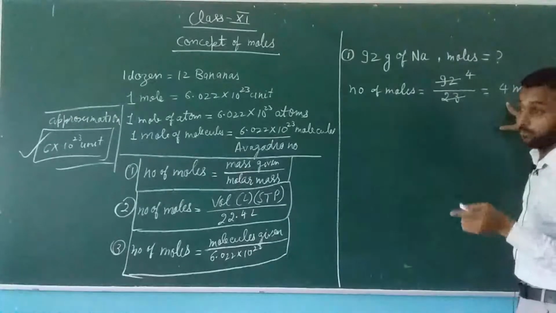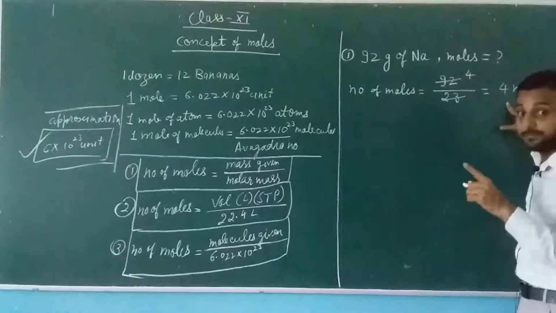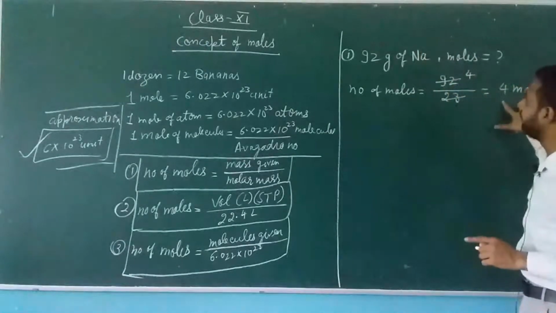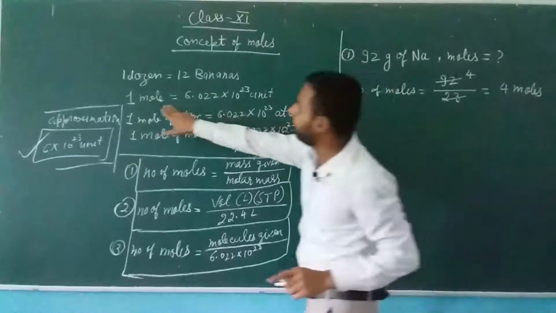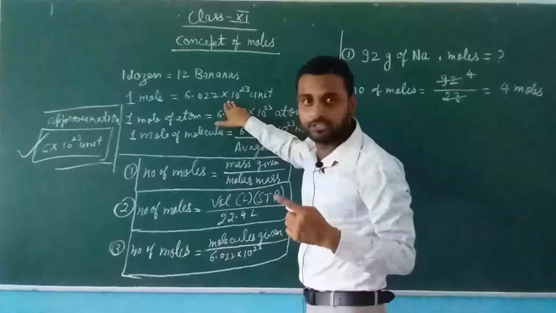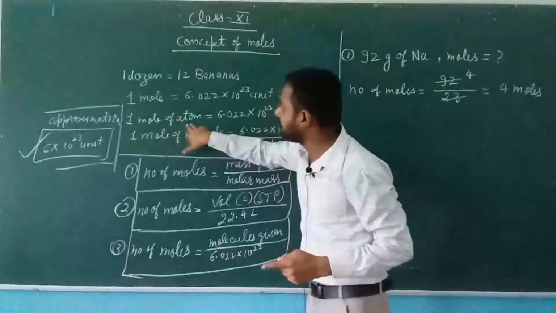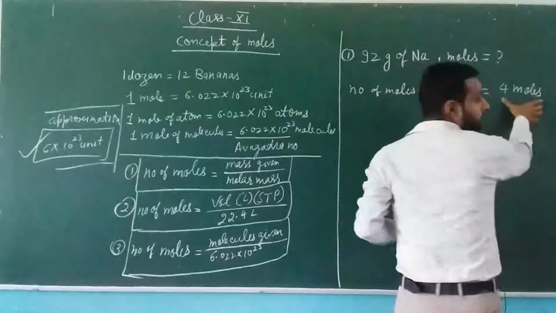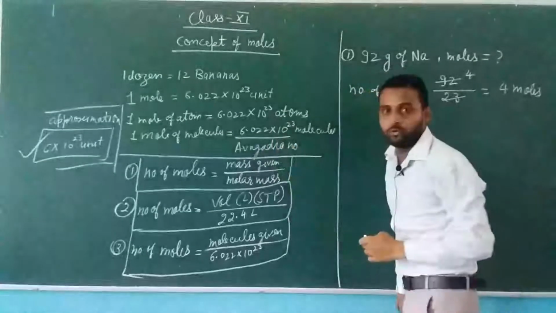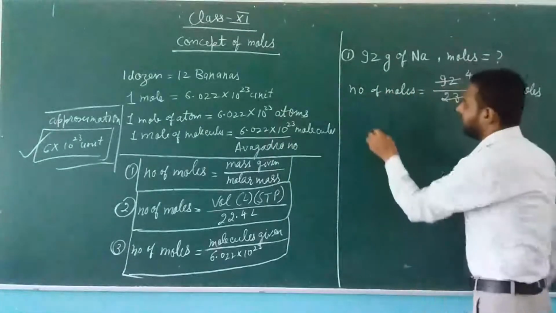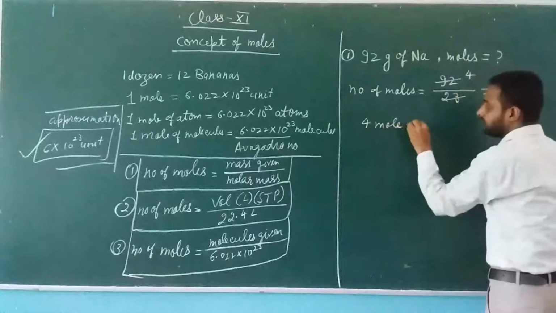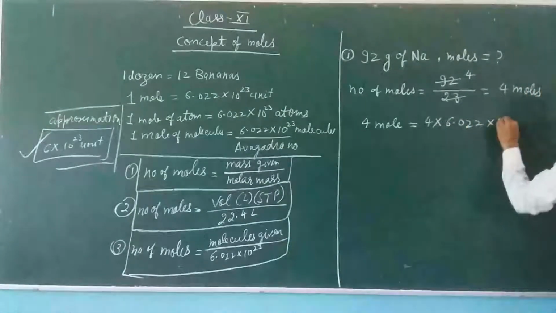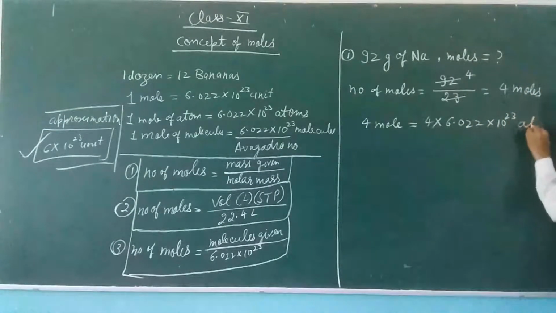And if one more question is added, that find out the atoms in 92 gram of sodium. So we know that 1 mole is equal to 6.022 into 10 to the power 23 units, or 1 mole of atom is equal to 6.022 into 10 to the power 23 atoms. So if 1 mole contains 6.022 into 10 to the power 23 atoms, similarly 4 mole contain 4 into 6.022 into 10 to the power 23 atoms.